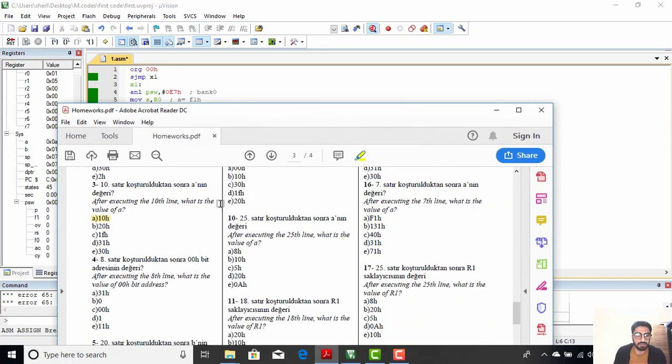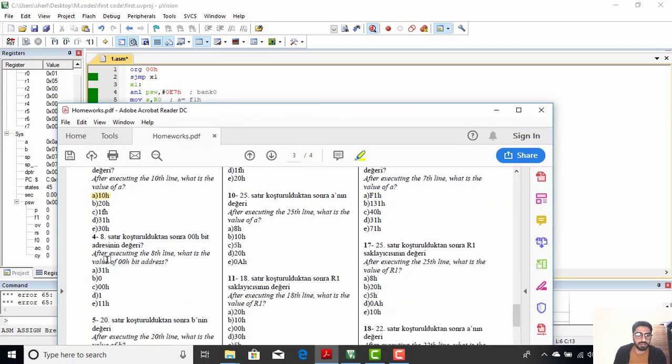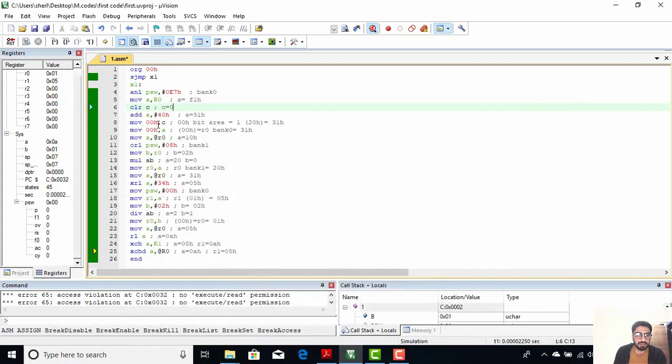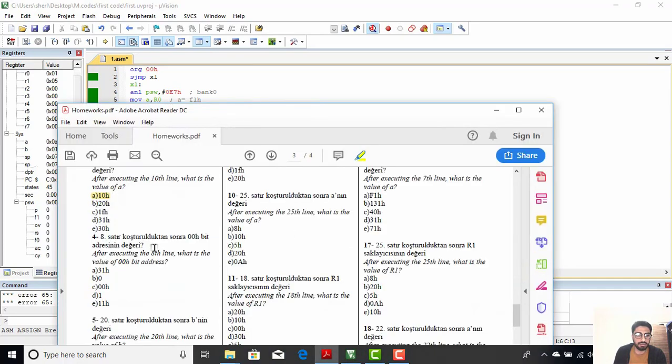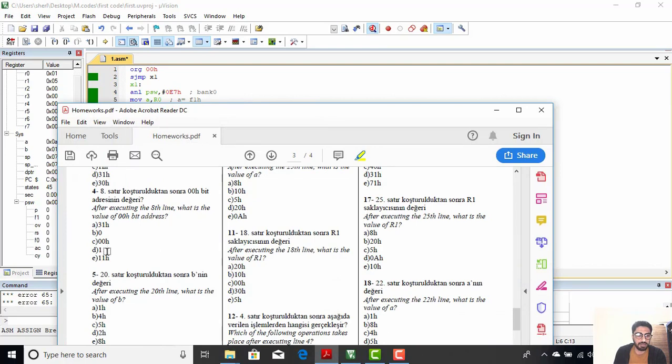Now, after executing the 8th line, the value of 0x bit area, it was 1. Yes, bit area 00x equals 1, and you can put 1.